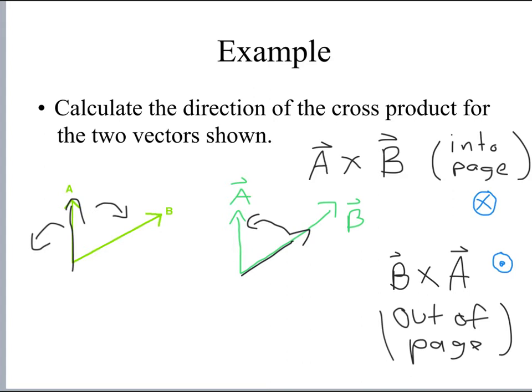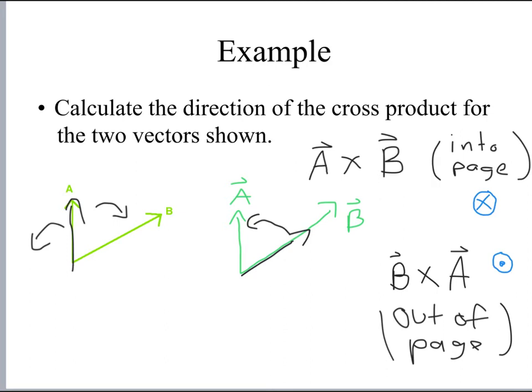Now there's one very interesting consequence of this, and we can see if I look at vector A cross B, that's into the page. But when I reverse it and I do vector B cross A, that's coming out of the page. That's interesting. The order that you do the vector product matters. And in fact, one of them is into the page and the other is out of the page. That means they're directly opposite each other.